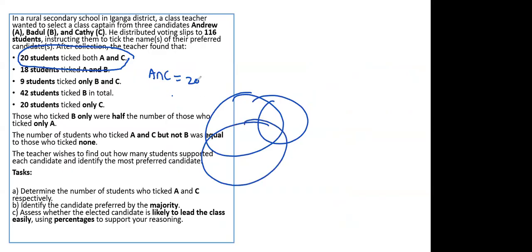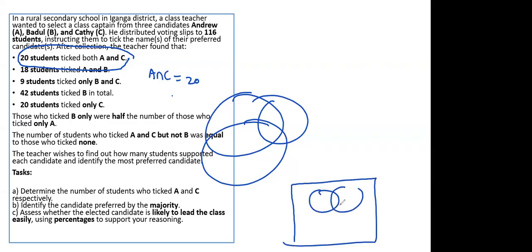So here, do you subtract? You subtract. Remember, if this is your set, this is A, and let me say this is C. A and C is the whole of this region here. Are you seeing this region?